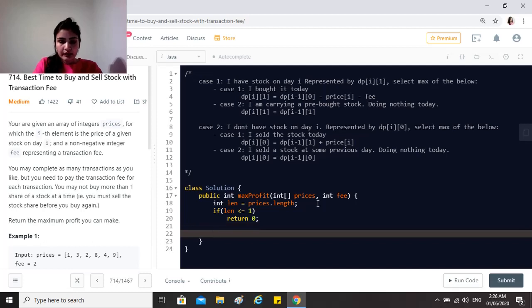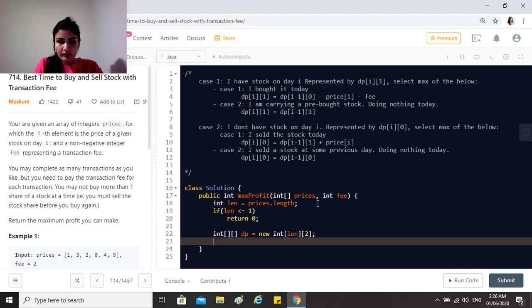Now after that, we'll need a dp array. New int of length, and as I said, two values: I have a stock or I don't have a stock. We'll initialize dp of 0. So dp of 0 of 0: on day 0, if I have no stocks, then the value would be 0.